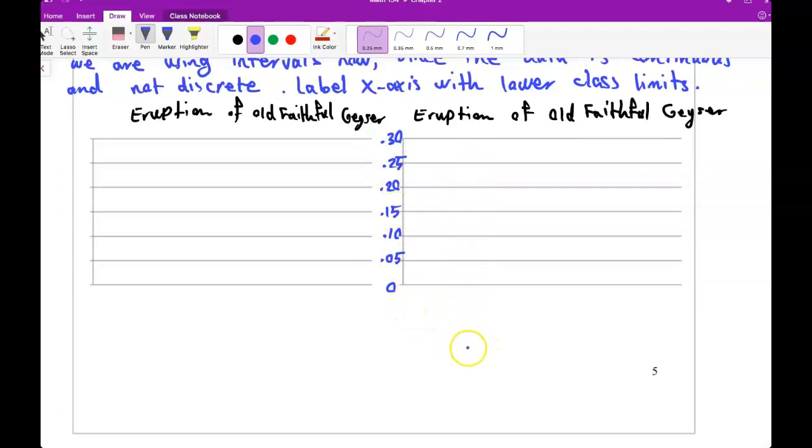So this one is for relative frequency. And here is frequency.